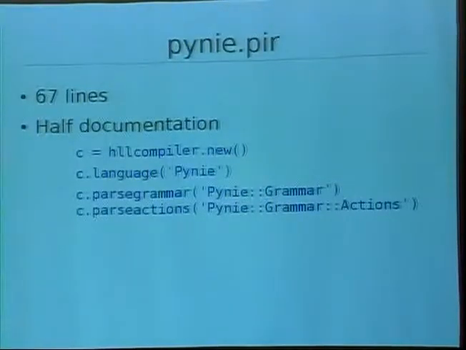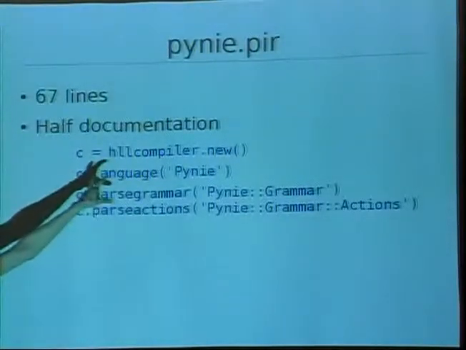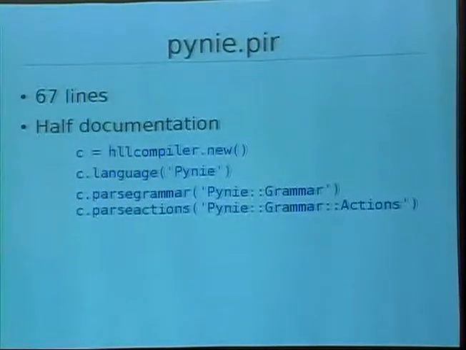The implementation of Pynie is 3 files. Pynie.pir is the core implementation. It's 67 lines of code, half of which is documentation. And the core of that code is this. Create an HLL compiler. It's essentially an object for compilers.